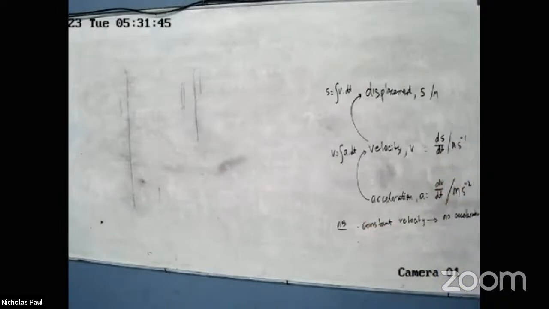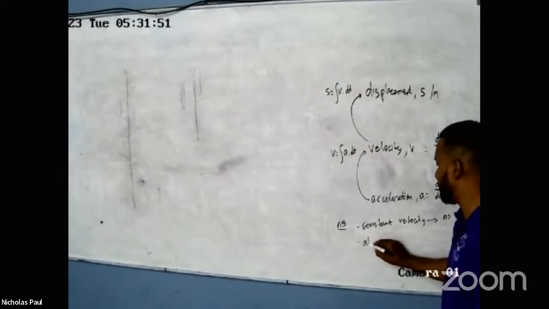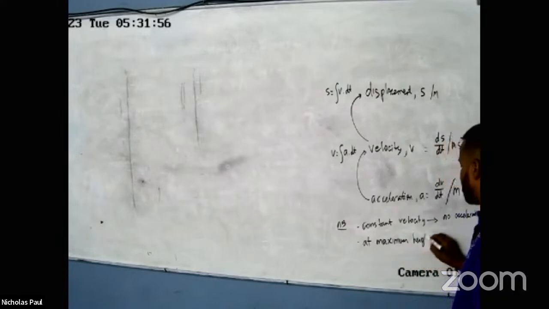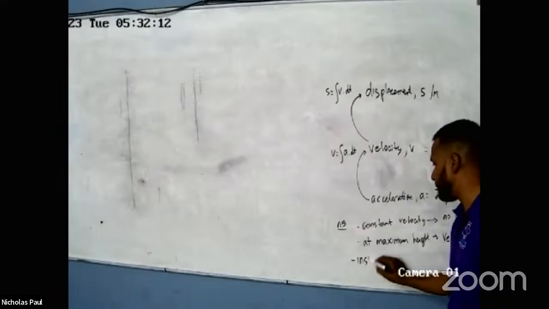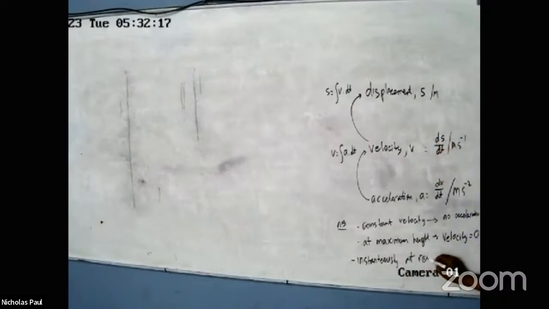The next thing you need to know is that at maximum height, velocity is 0. And if they say instantaneously at rest, again, it means velocity is 0. They like to have these little things.